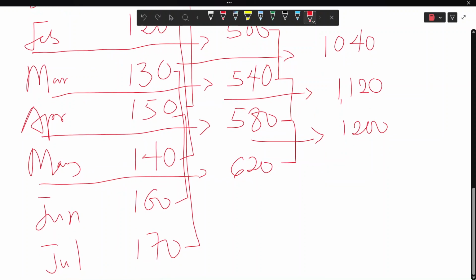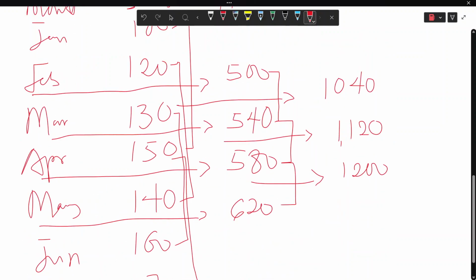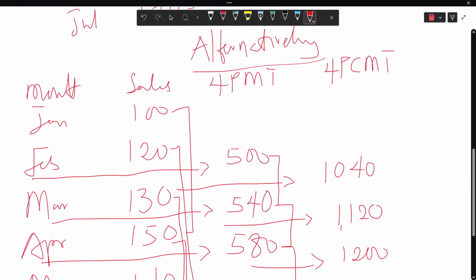That's for the period centered moving average. How do you find a 4 period centered moving average? Take note that here we moved in 4. We added 4 here to find the 500. But here, ideally we moved in 2.